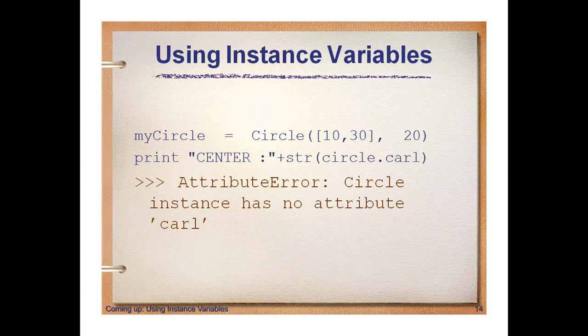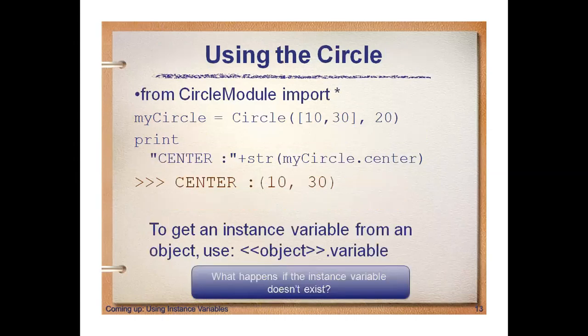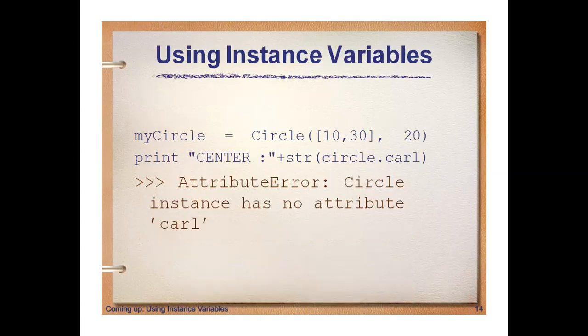If we call it, our system will definitely generate an error. In this system, my circle.center is declared, so while calling it, the system won't show any kind of error. But we never defined something known as CARL. It can be anything, but since we have not defined it, the system will show an error.